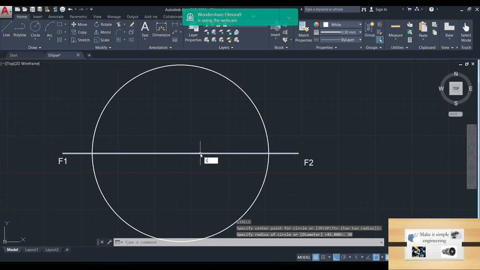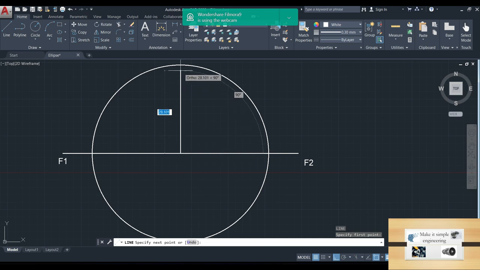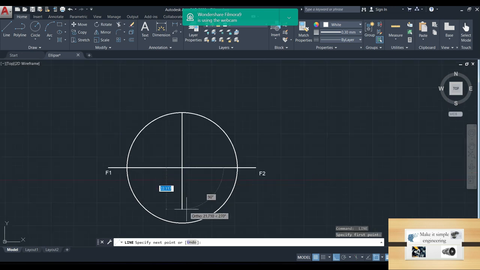So after that we have to draw vertical lines like this at the center of the circle.